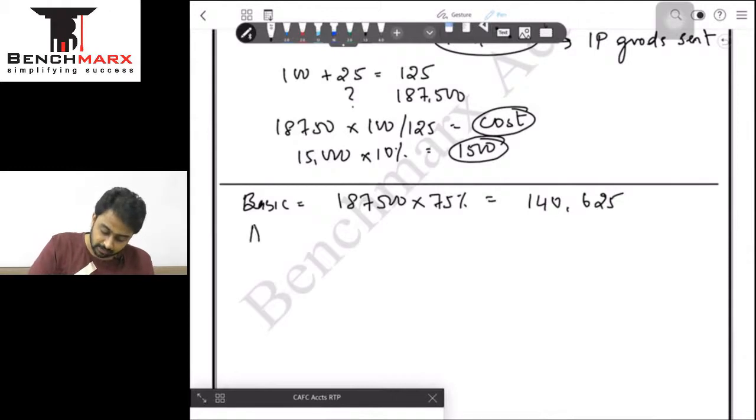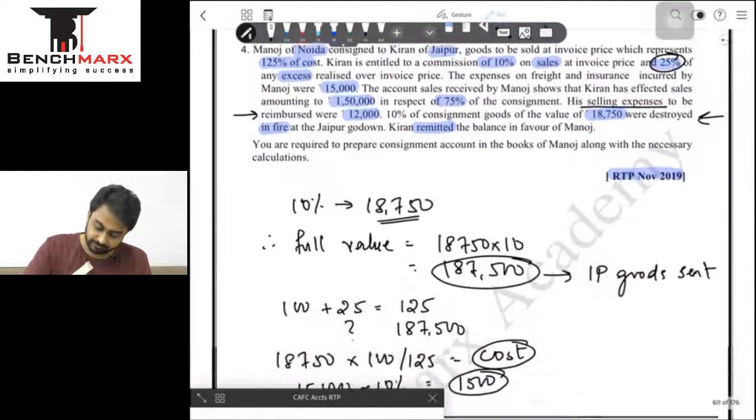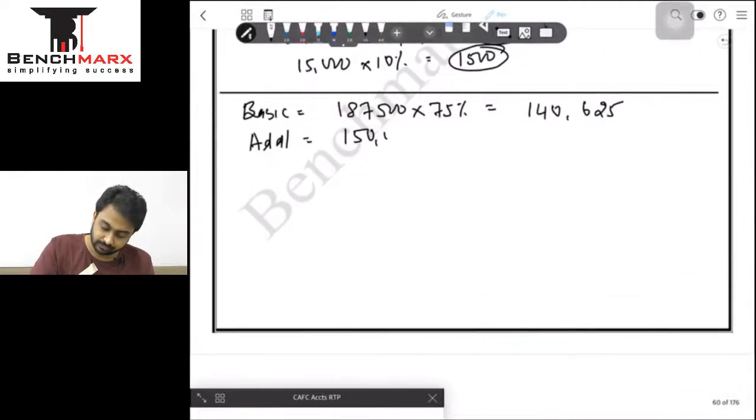And additional commission is going to be on the actual sales, which is 1,50,000. 1,50,000 minus 140,625, and on this amount 25%.